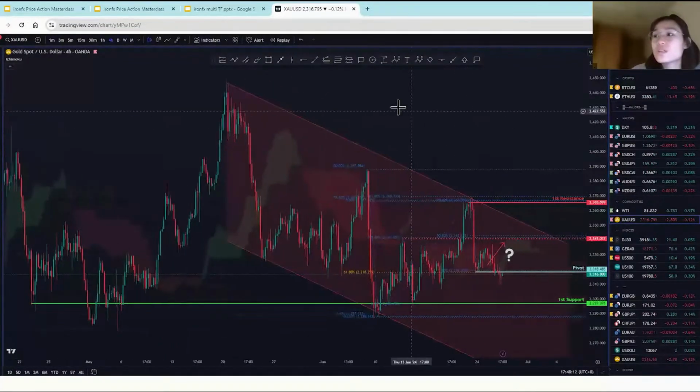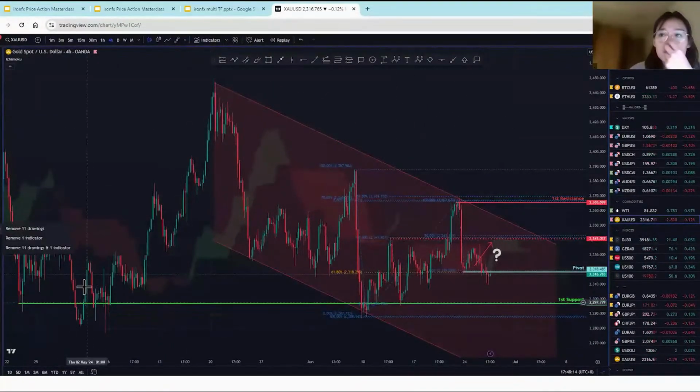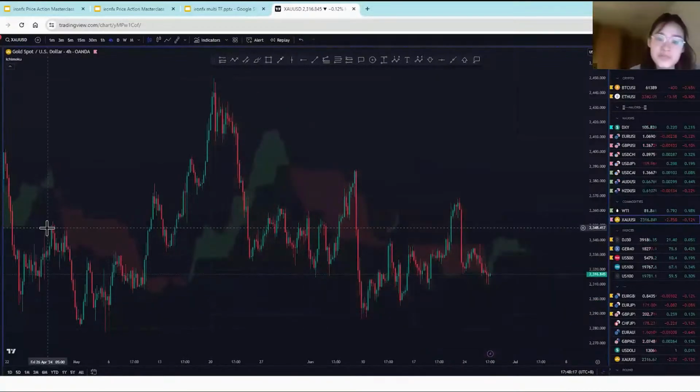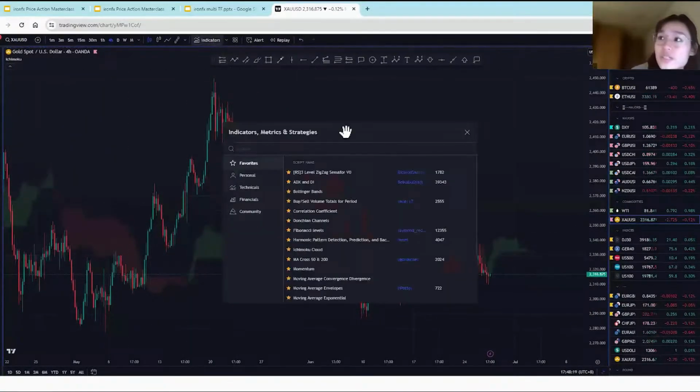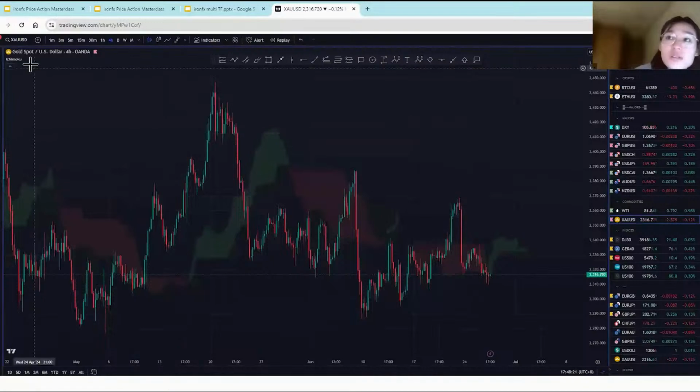Okay. So this is your Ichimoku Cloud. Basically you just click on indicators, search up Ichimoku, and this is what it'll look like.